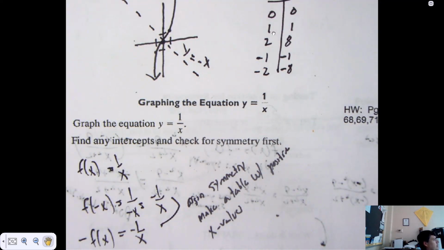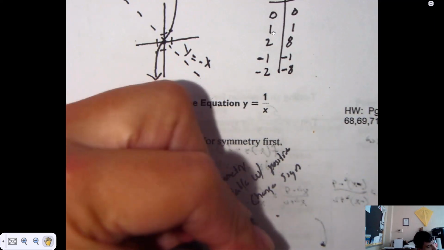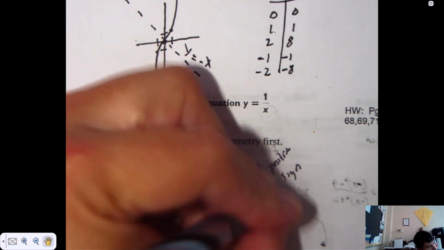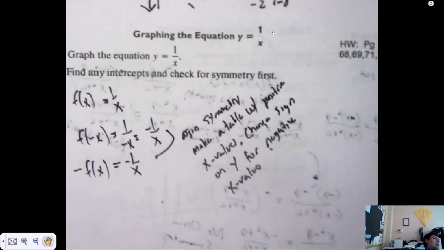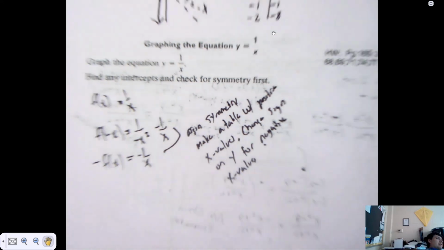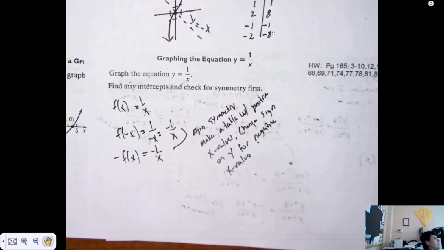Change your signs. That's kind of the point of doing this. Of course, the reality is you just quickly make a table and plug numbers in because it's an easy function. Like I said, they want you to go somewhere with this, and that's where they want you to go.